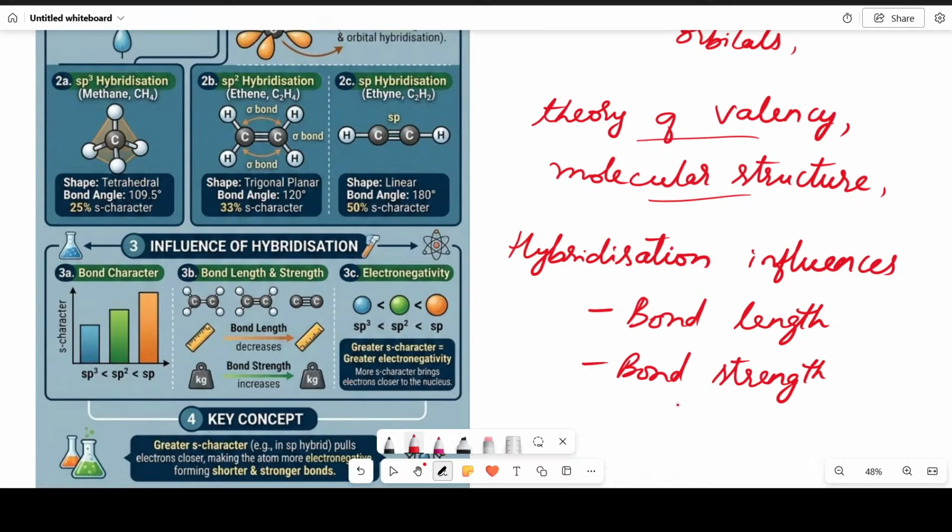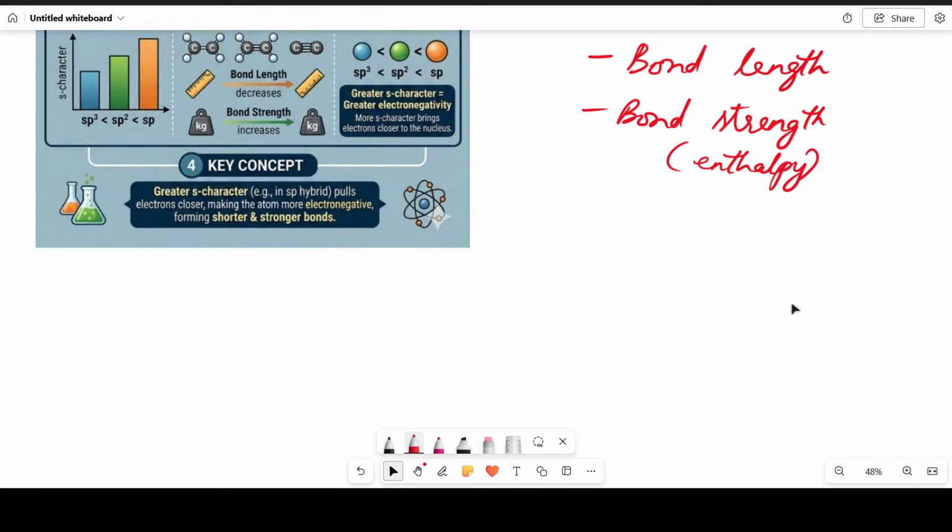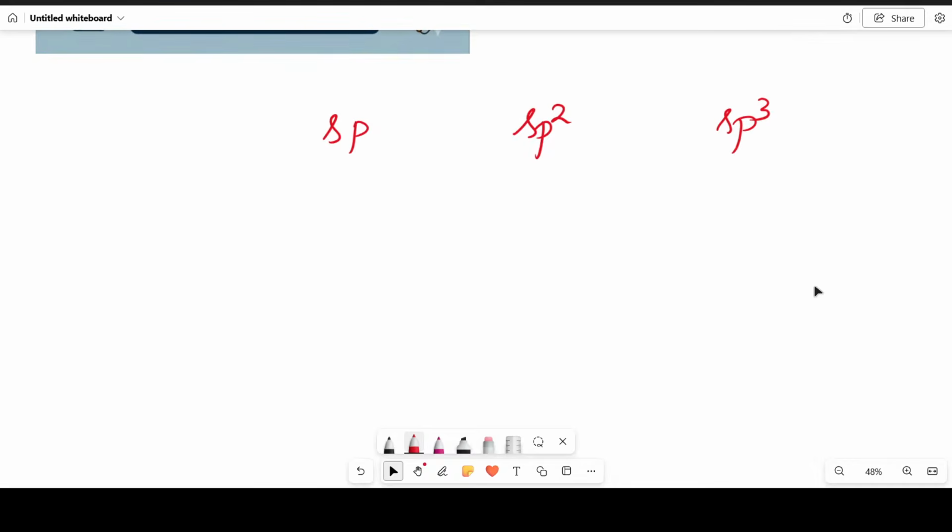In other words, it's also known as bond enthalpy in the organic compounds. So, when you have the hybridization, there are three types of hybridization found in the organic compounds. They are sp hybridization, sp2 hybridization, sp3 hybridization. About this you have learned in the other unit called chemical bonding, right?